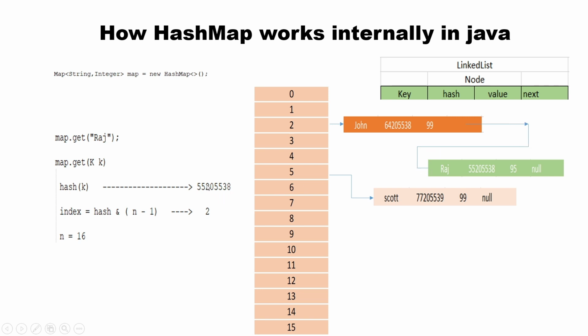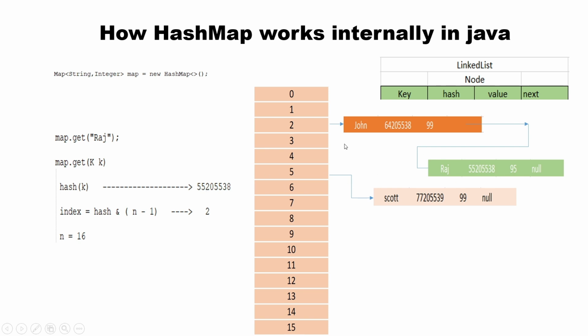Here again the generated hash value is compared with the existing entry in the second index, and this time the hash value equals the generated hash value.